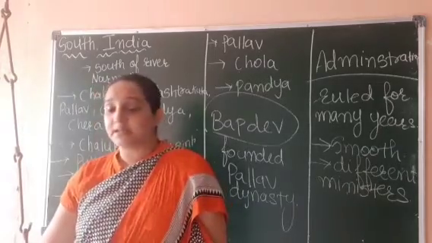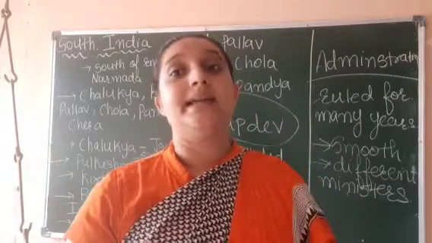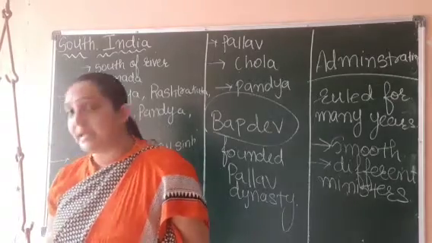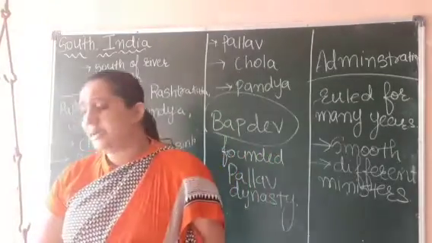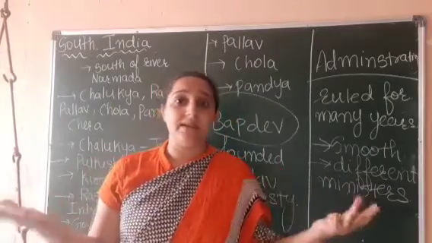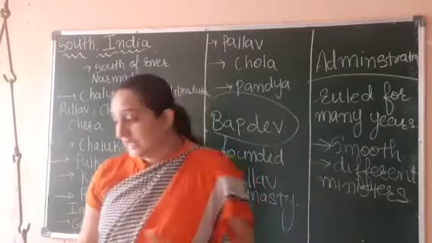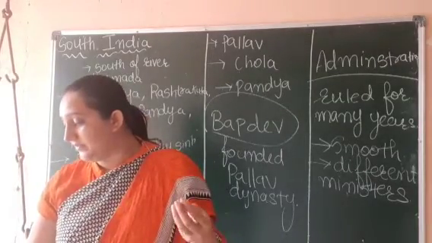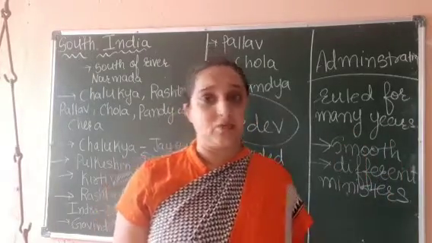Foreign attacks in India. Now, some of the Muslim invaders started attacking India. As I had given you the name Muhammad Ghazni, he invaded India many times, as he was attracted towards the wealth of India. We can say that the main reason for Muhammad Ghazni's invasion was India's abundant wealth, as India was very wealthy, right?